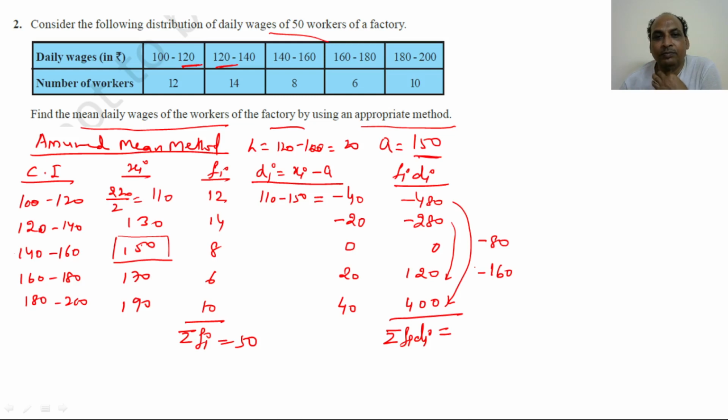Yes or no? Yes. So this is giving us minus 160. Now we are left with these two. So minus 160 plus 80. So minus 240. Correct? Minus 240 will be there.